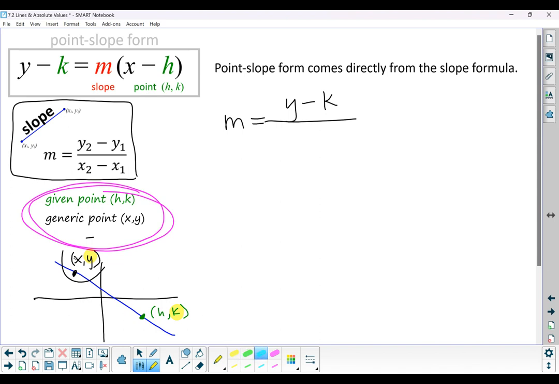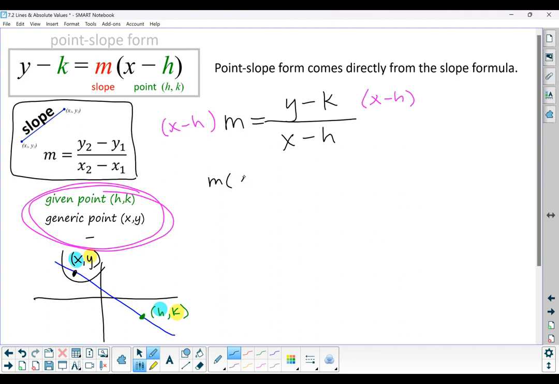So I'm going to do this x minus this x. So it's x minus h. So this is our slope formula. Well, I can turn this into the point-slope form of a line by simply multiplying both sides of the equation by x minus h and cleaning it up a little bit.